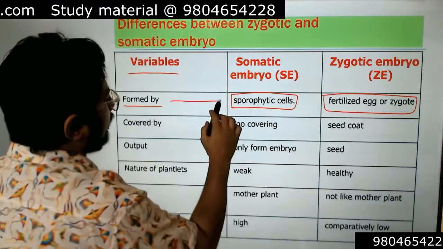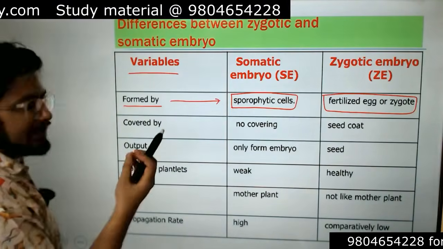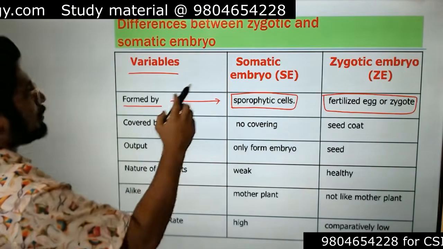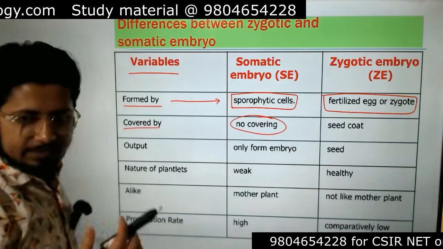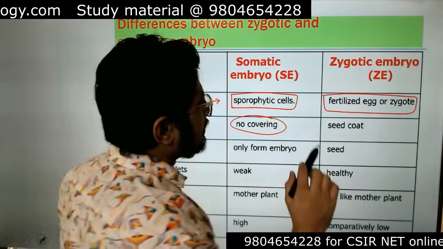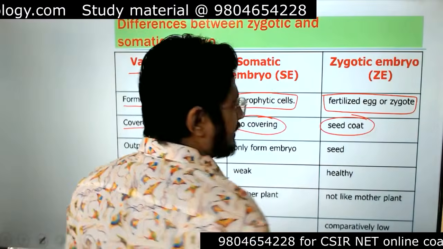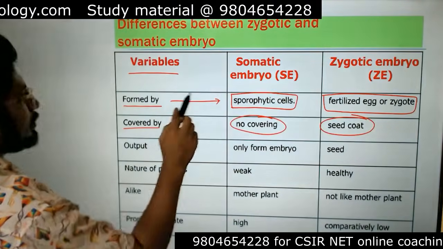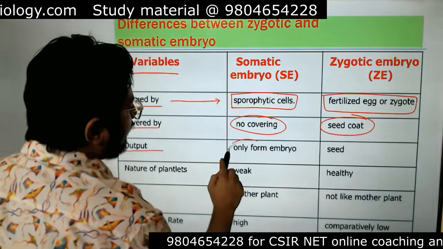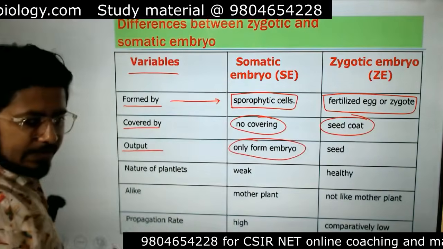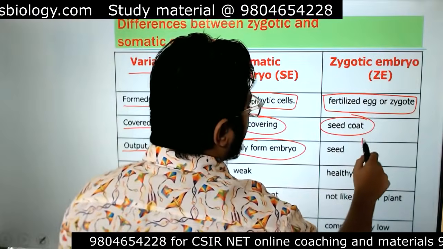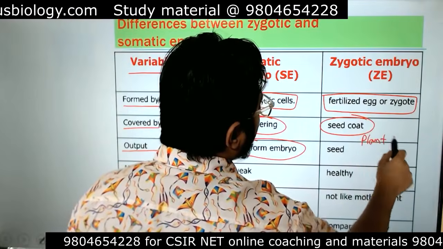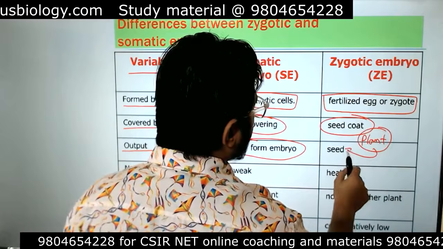The somatic embryo has no seed membrane or seed cover, while the zygotic embryo is covered by a seed coat. The somatic embryo output is only the embryo, but the zygotic embryo will not only produce the plant, the plant will further produce seed.